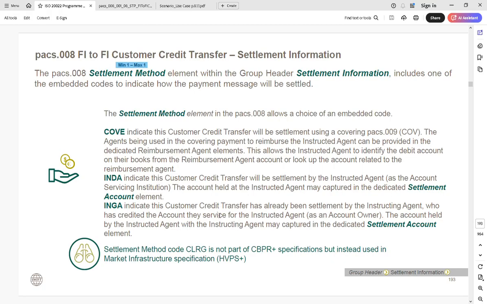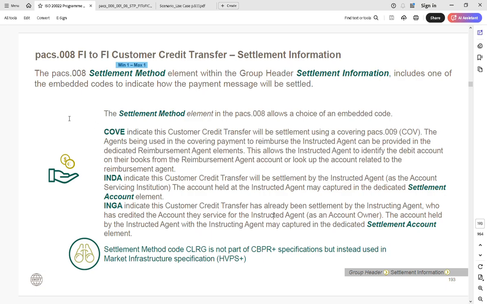How that works: instructing agent and instructed agent, how they follow each other. The account held by the instructing agent is the settlement account. So here, the account is not mentioned; it's not a mandatory field, so it's not mentioned here.